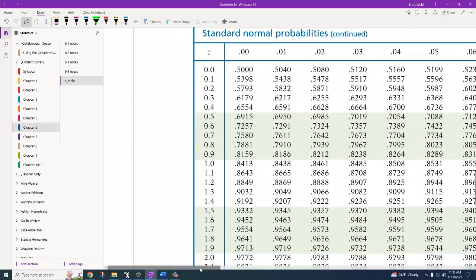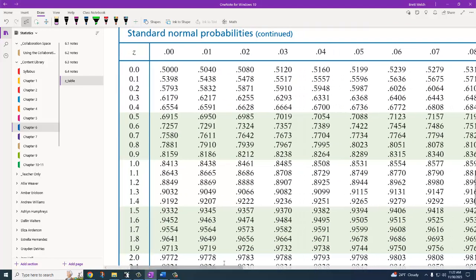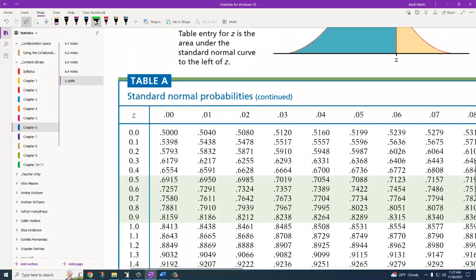So let's take just a really simple example. Let's say that my z-score was 0.72. Okay, so it's 0.7, and then I look up here 0.2. If I look at where those two things meet, that means that 0.7642 is on the left of that value 0.72.